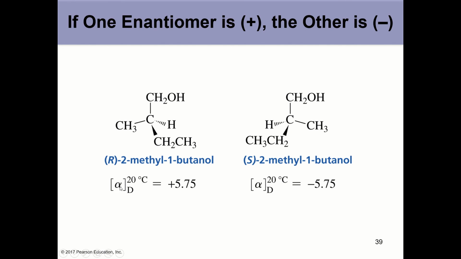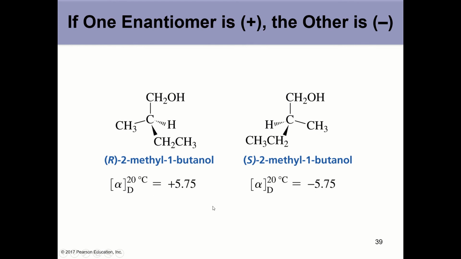So the specific rotation, for example, of R-2-methylbutanol at 20 degrees Celsius, rotating light at the wavelength called D, is positive 5.75 degrees clockwise. Its enantiomer rotates light under the same conditions at negative 5.75 degrees counterclockwise.